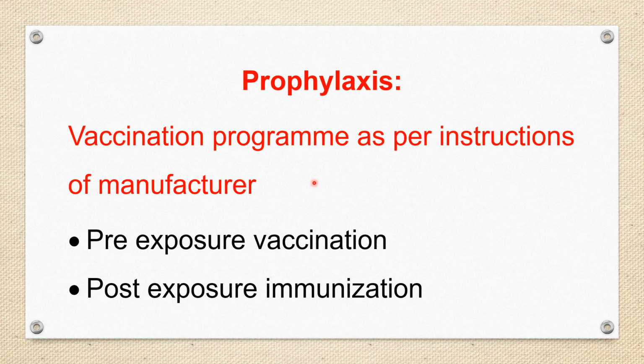That vaccination program is followed strictly as per the instructions of the manufacturer. There are two types of vaccination done: pre-exposure vaccination, meaning prevention of rabies, and post-exposure immunization or vaccination, that is after the bite of the rabid dog.